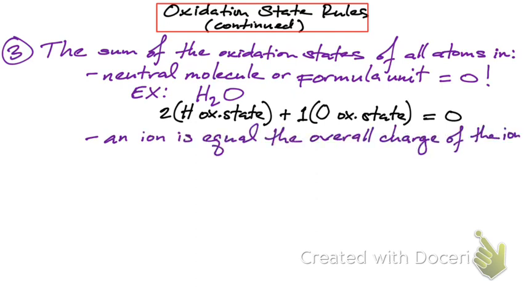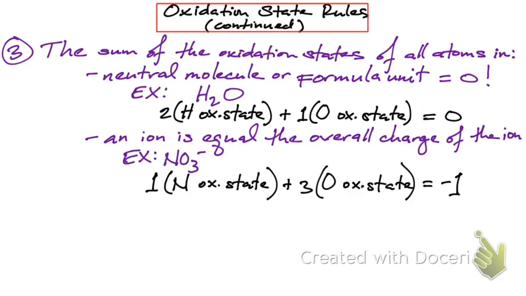The sum of the oxidation states of all the atoms in an ion is equivalent to the overall charge of the ion. So for instance, let's say we have a nitrate ion, NO3 with a -1 charge. When you add up all the oxidation numbers of all the atoms together, that would equal -1, which is the charge of that polyatomic ion.